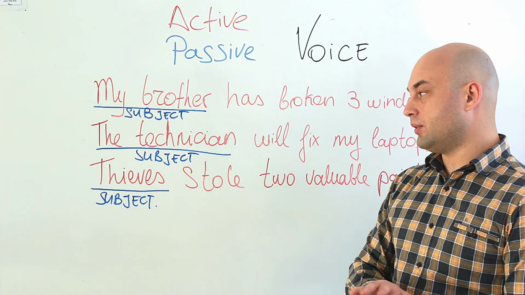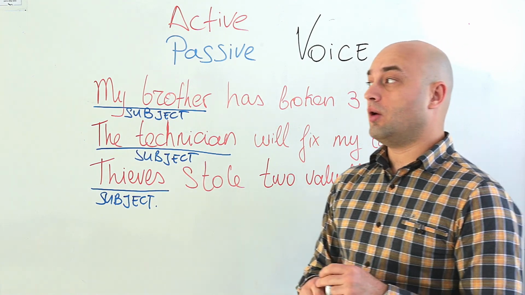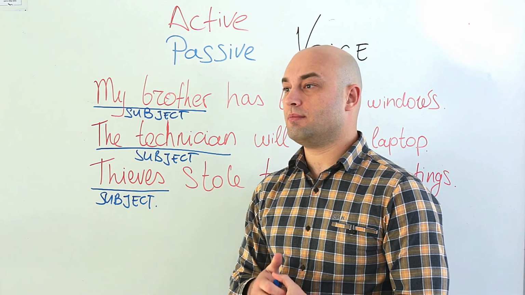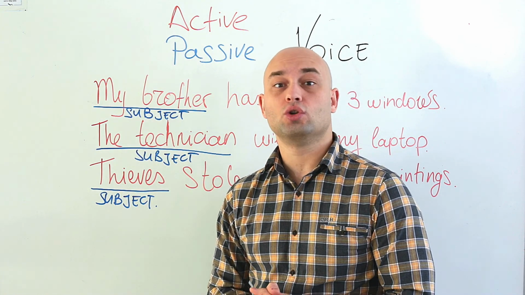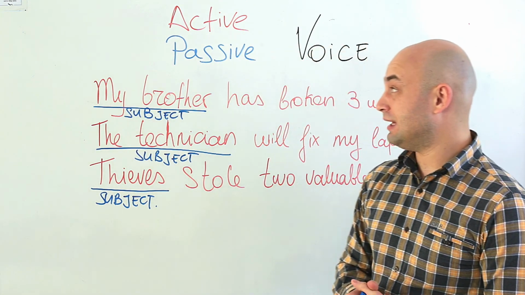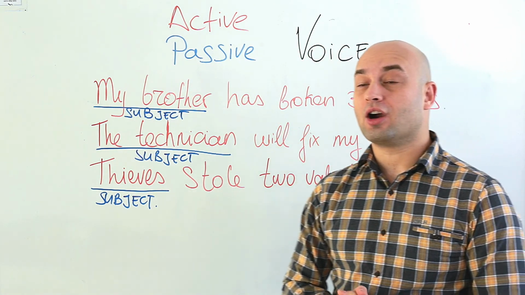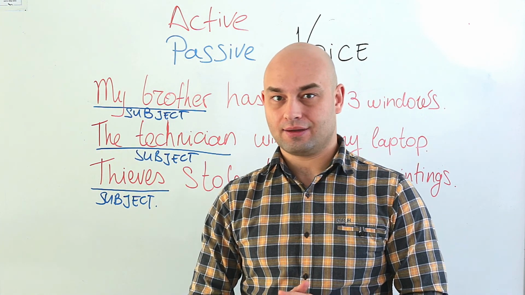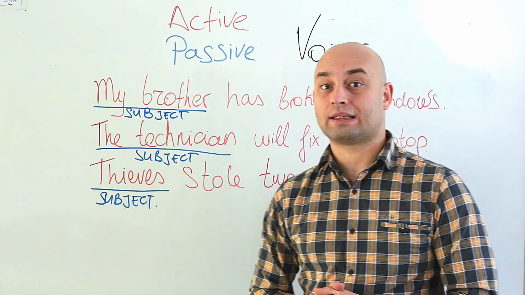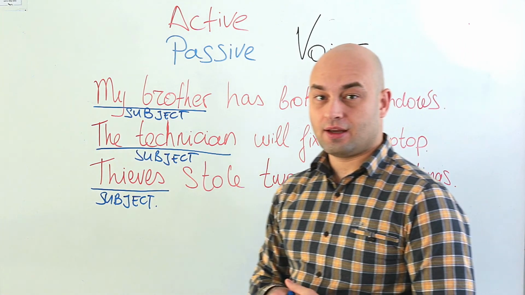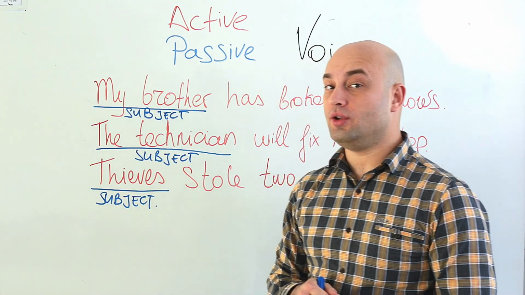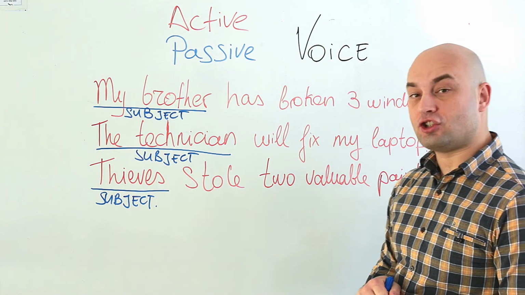Why do we need to know who plays the most important role in a sentence, who does the action? Well, because in passive voice, we are going to hide that character, that role, this subject. We don't want you to know the subject.